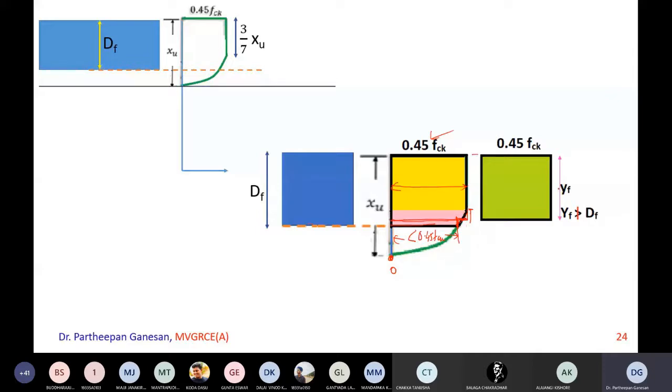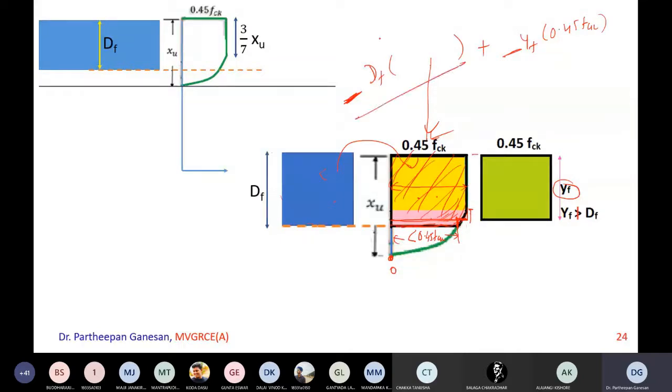So that distance is called YF. If I find out the compressive force acting on this slab, it will be the width of the flange into DF into the average stress distribution from here up to here, both the yellow and the pink together, which will be some compressive force.